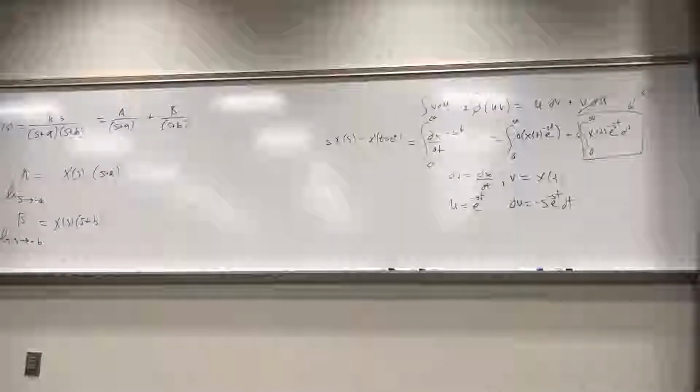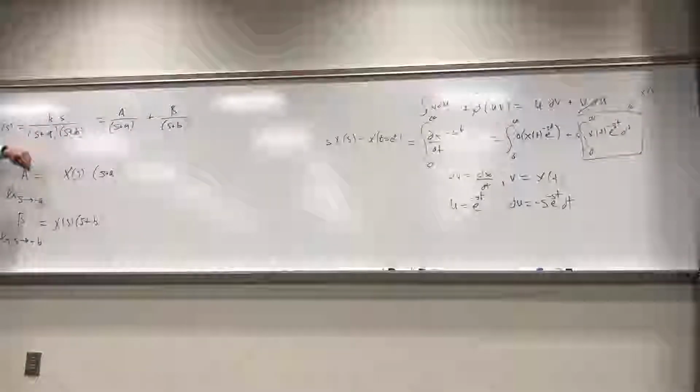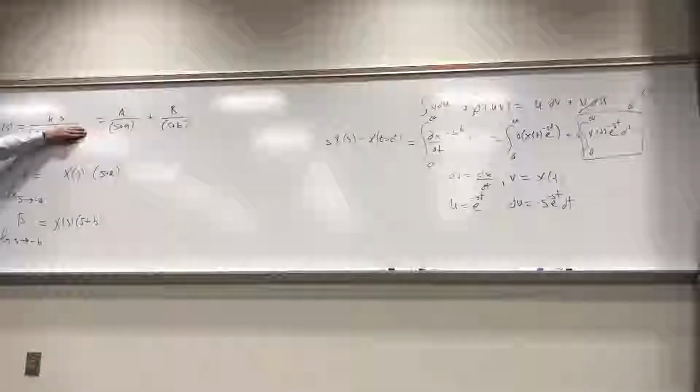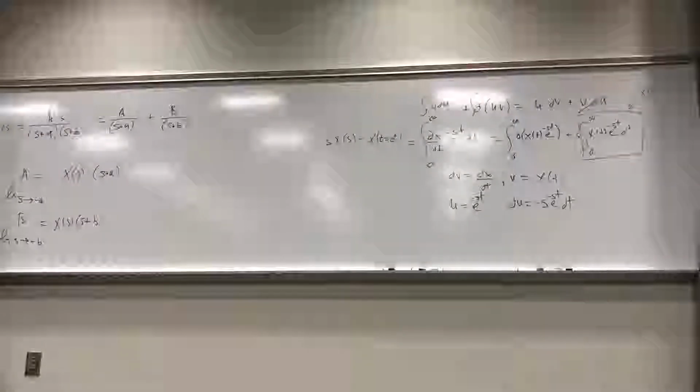The reality of what I'm doing is, if I want A, I simply cover this up and evaluate what's left at s equals minus a. Follow me? Then if I want B, I cover up the pole s plus b, which is where s goes to minus b, and then I evaluate the remainder there. Simple, right? We'll do an example, but I wanted to make sure I said that.